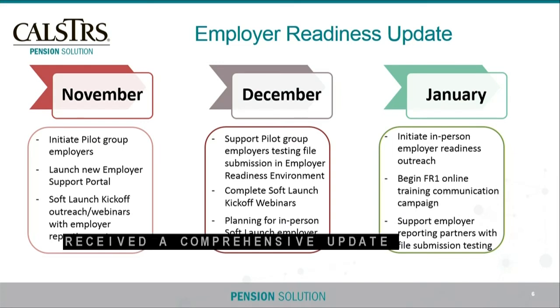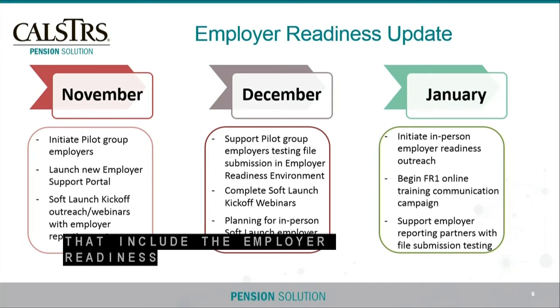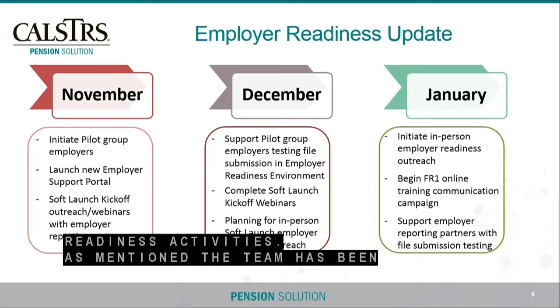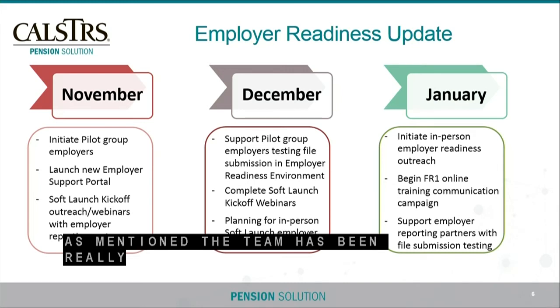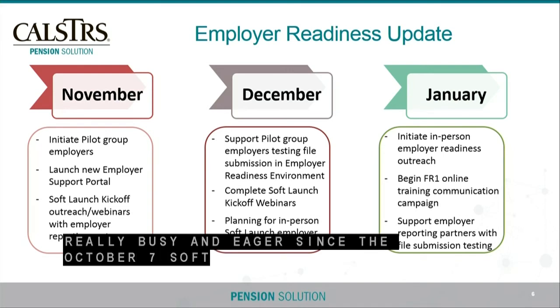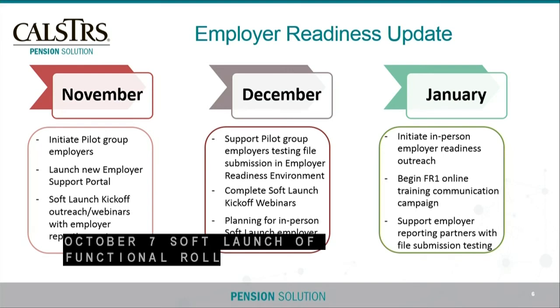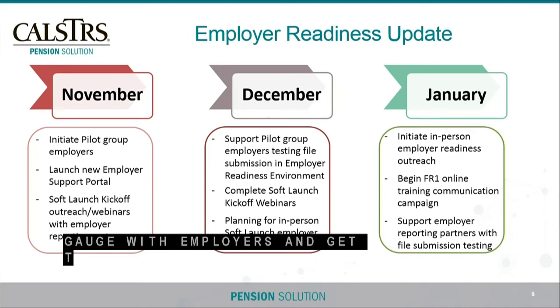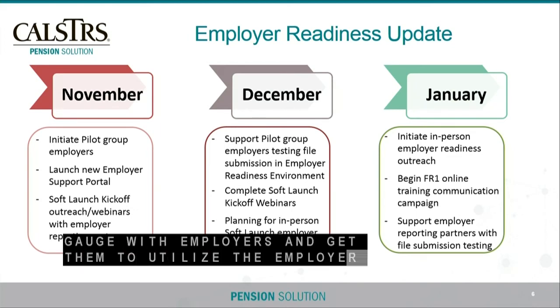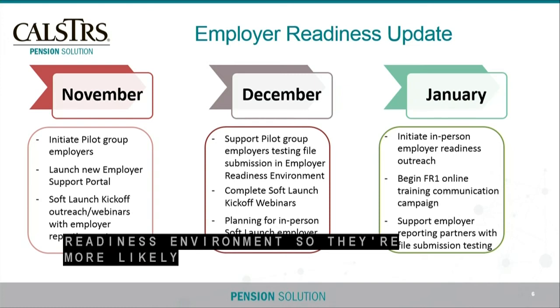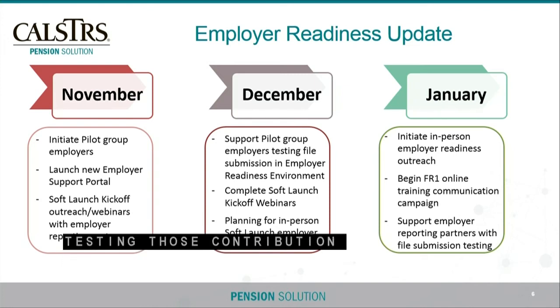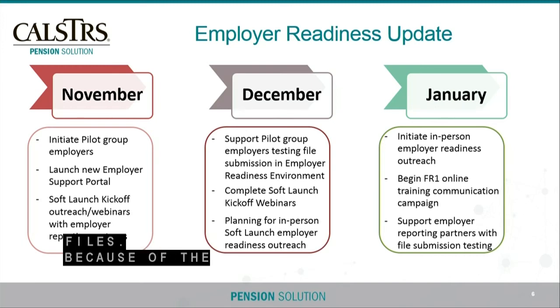As Prashant mentioned, the team has been really busy and eager since the October 7th soft launch of Functional Rollout 1, prepping to further engage with the employers and get them ready to utilize that employer readiness environment so that they are more likely to be ready for testing those contribution files. Because of the comprehensive update that Jeff shared with you all last time, this slide is really focused on the key activities the employer readiness team is going to be focused on over the next 3 months.